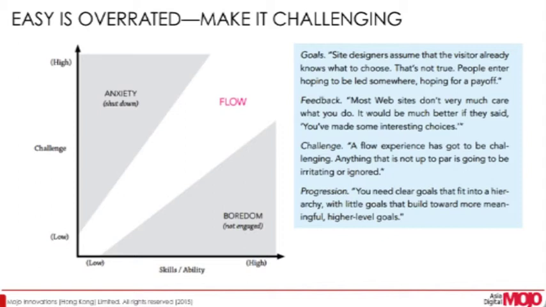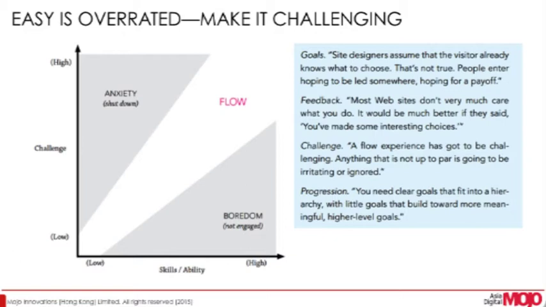And about feedback, most websites don't very much care what you do. It would be much better if it said you have made an interesting choice. Expect to have challenges. A flow experience has got to be challenging. Anything that is not up to par is going to be irritating or ignored.